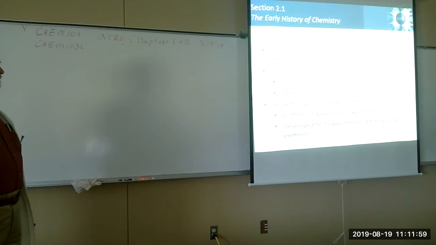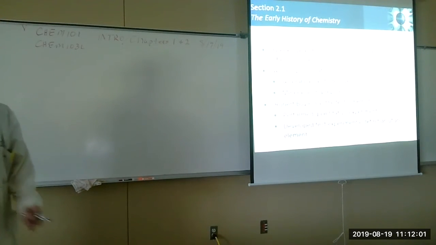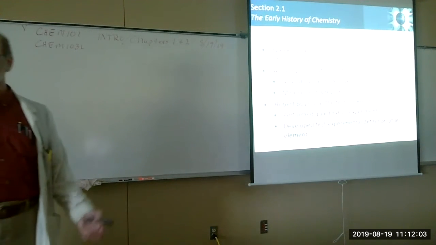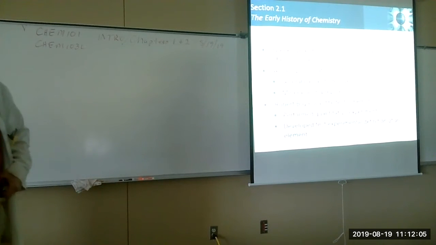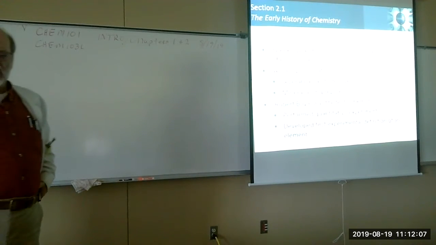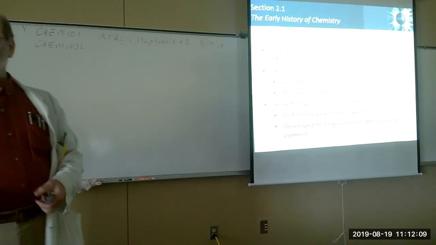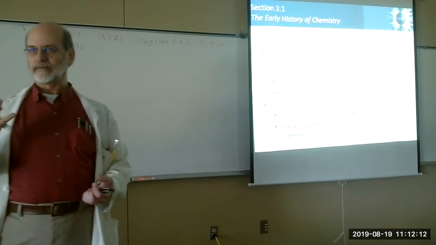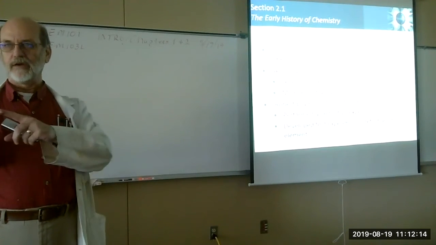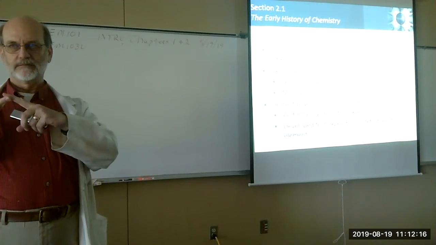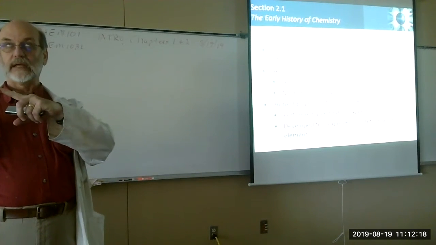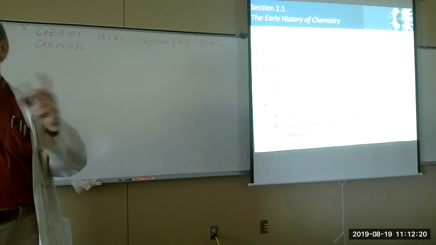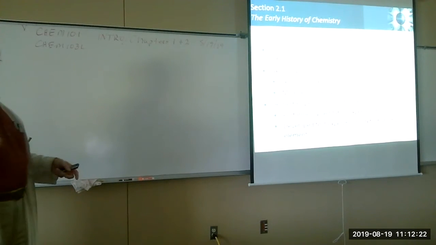The first attempts to explain how matter changes from one form to another were made by the ancient Greeks. They thought that all matter was made of 4 substances, right? Remember what those are? Air, fire, water, and earth. I think that's the 4. They were wrong.